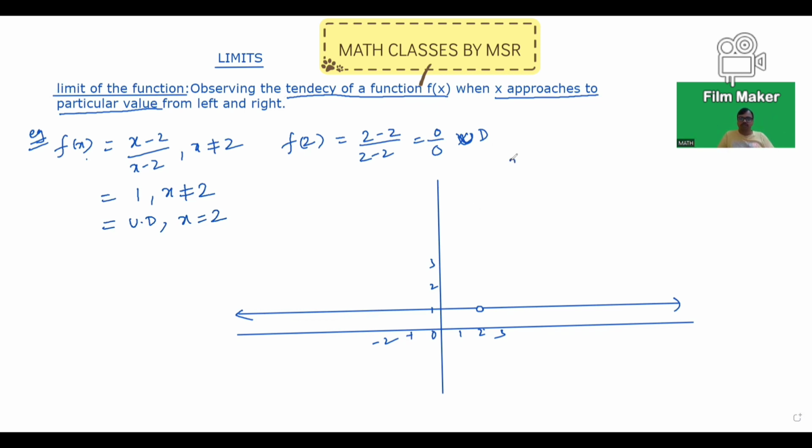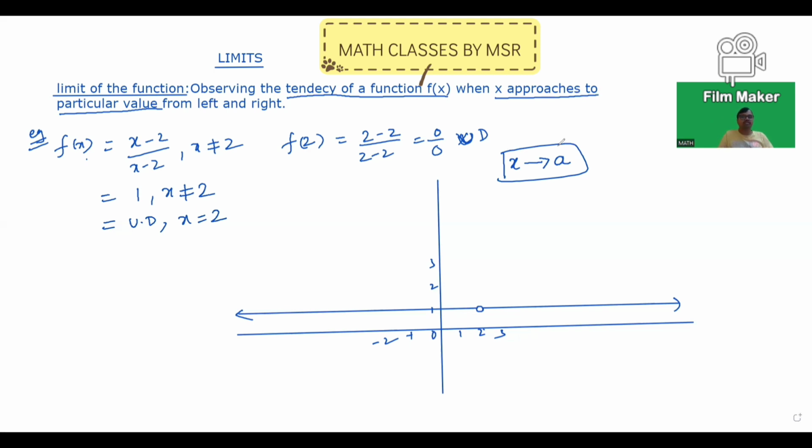So in the meantime, let us define what is x approaching a particular value. We represent x approaching a particular value as x tends to a. Here a is the particular value. The meaning of the word approaching is important.